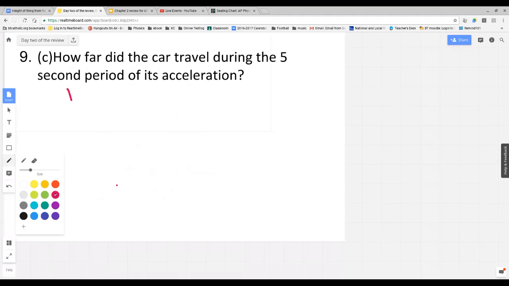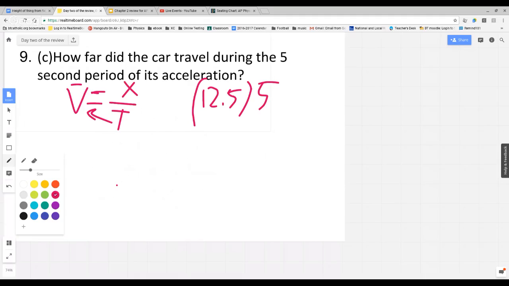So v average equals x over t. We want x, so you're gonna do v times t equals x. What was the average from this a minute ago? So 12.5 times 5 equals x. That is correct.